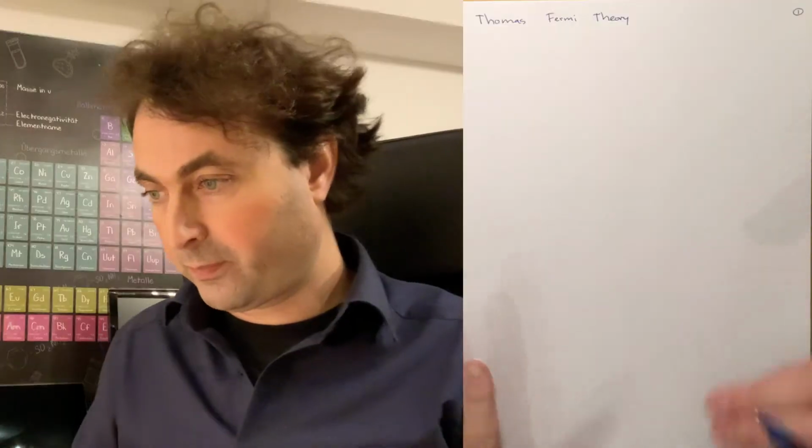But this is a nice functional that fits into the realm of this theory. Thomas Fermi theory does not give very accurate results, but it gives you an idea on how we can define functionals, and we can see how we can improve upon those functionals then in the next video. And we see what actually is missing and where we have to put more attention.